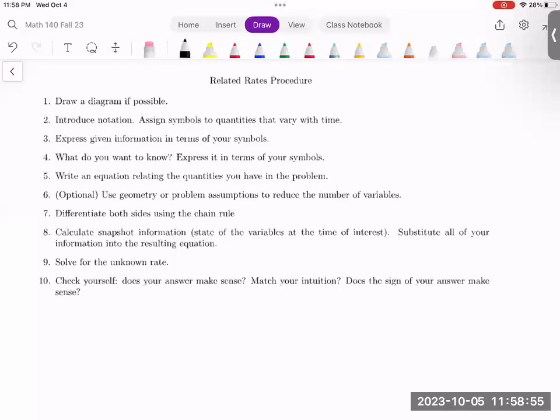Then I think about what we want to know and write it out in terms of our symbols. So translate our question into symbols. Then write an equation that relates the quantities that we have in the problem.